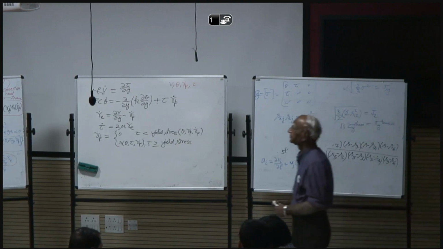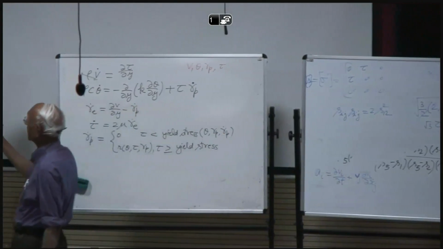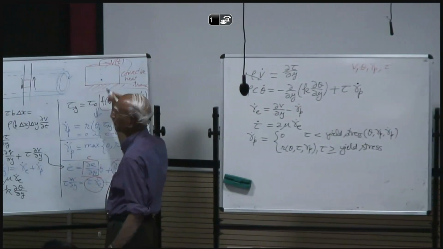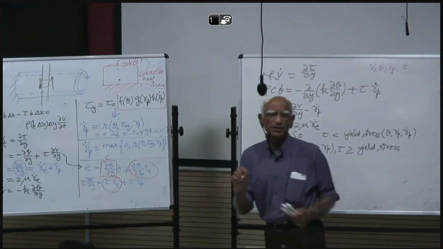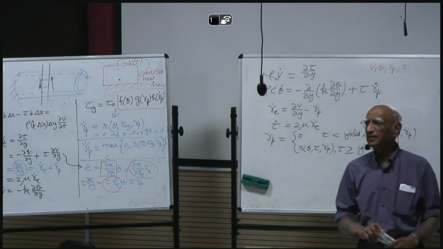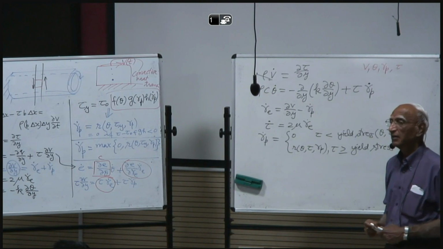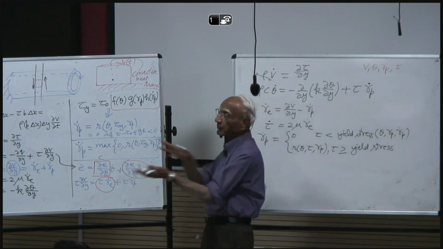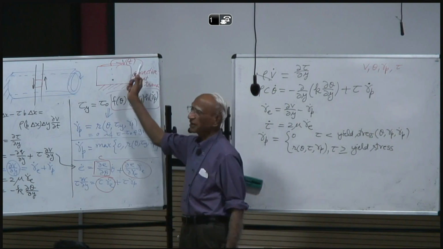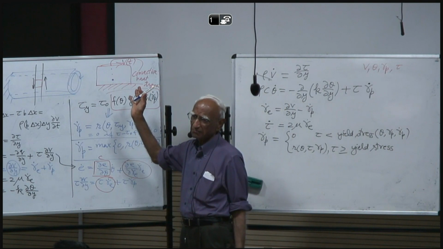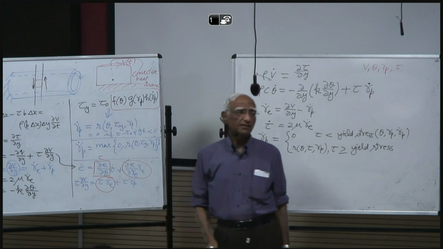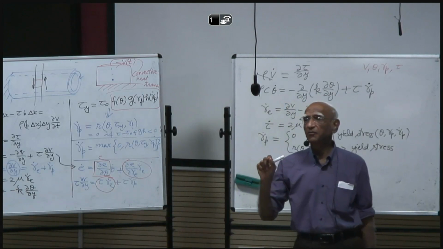Mechanism, okay. Supposing I have a defect here. Defect means this material is a little bit weaker than the rest of it. So when I deform it, initially stress is uniform everywhere. This material is weaker, that means it will start yielding first.